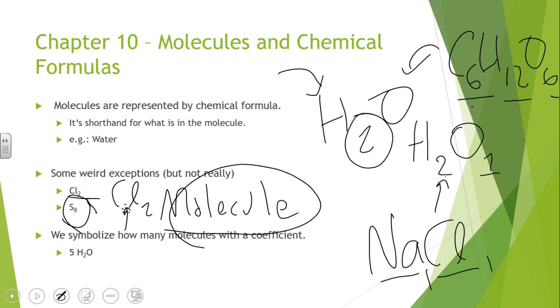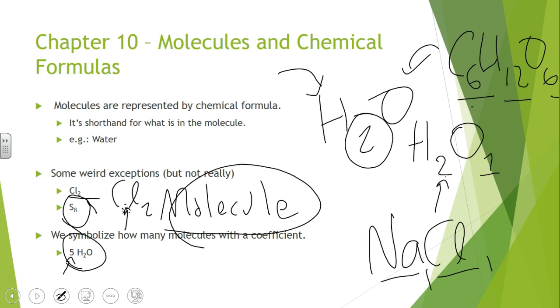And then the last thing that the chapter talks about is, what if we have many of these molecules, or even elements? Well, what we can do is put a coefficient, a number out in front of the formula in order to symbolize how many of the molecules we're dealing with.